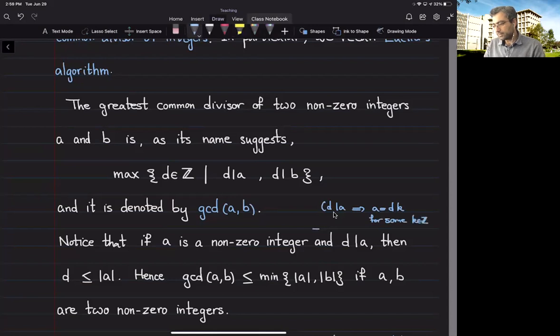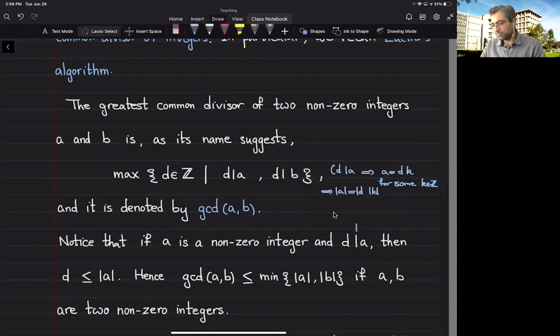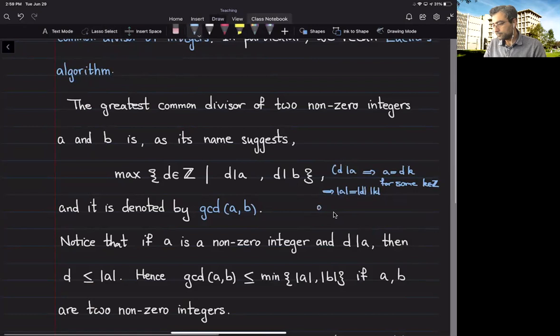Now I take the absolute value. Now assuming that a is not zero, then neither d nor k can be zero. And when k is not zero, its absolute value is at least 1.